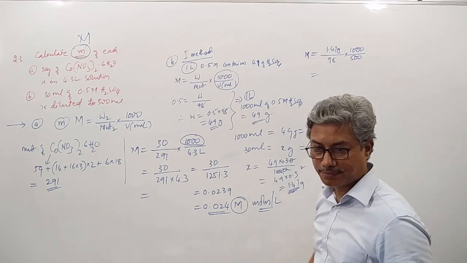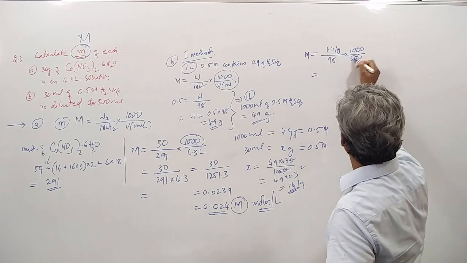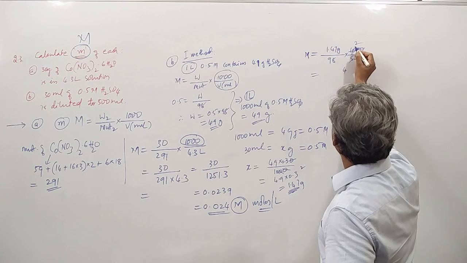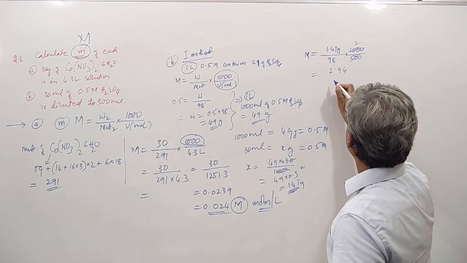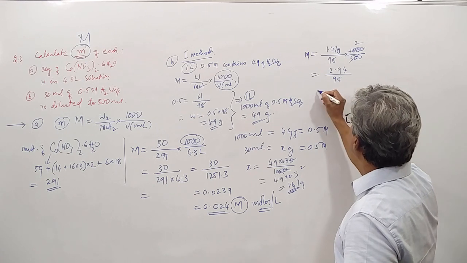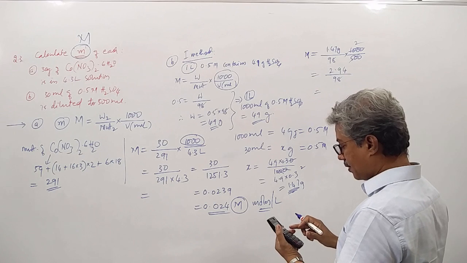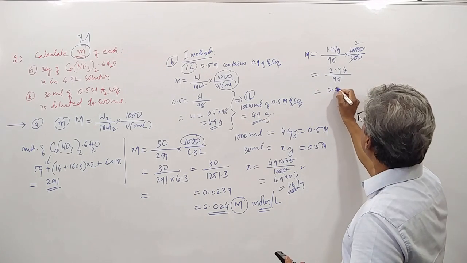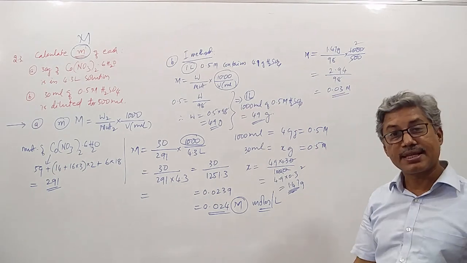This will be equal to, see students, 2.94 divided by 98. This is 0.03 molar. Is that clear?